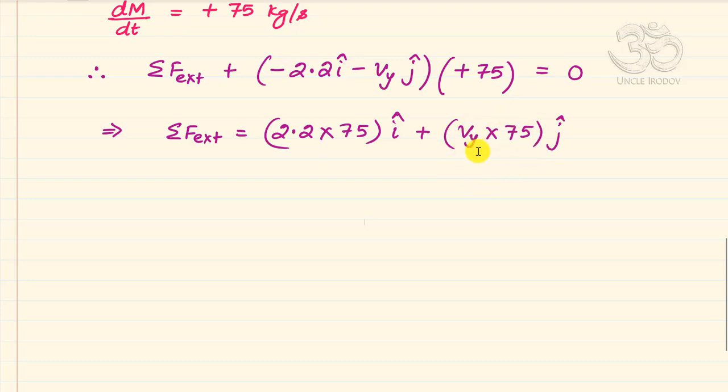So these masses will try to push the belt down, and the belt also should start moving down, but then there has to be somebody supporting the belt in the upward direction. That's this support. And because the belt gets heavier and heavier and heavier, its velocity should keep on decreasing towards the right hand side. So there must be a force applied on this belt towards the right hand side to keep it moving with the same constant velocity, and that is this much force.